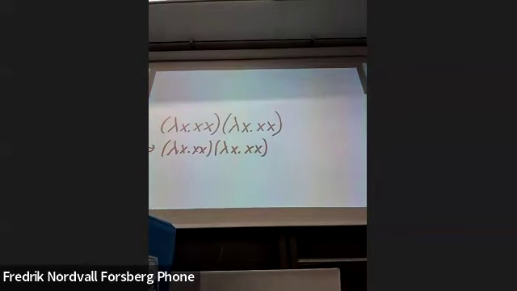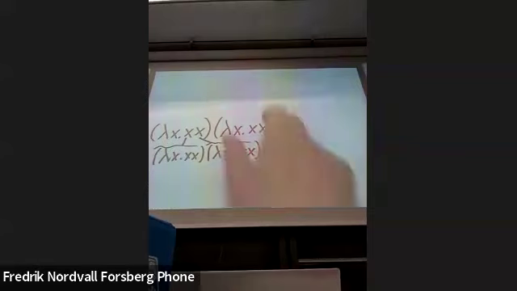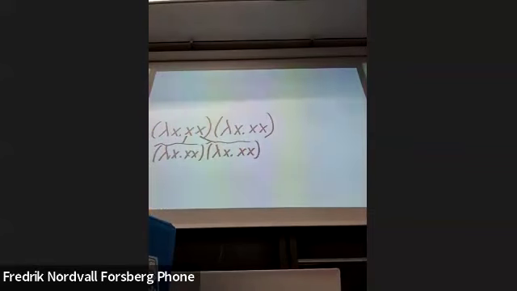Draw some arrows from the x's on the left to their replacements. This is coming from that x, and this is coming from that x. We have taken this thing and plugged it in for both of the x's.